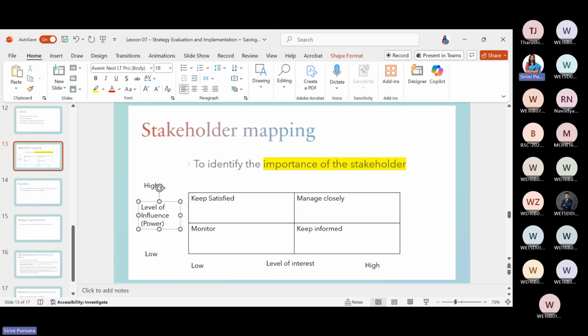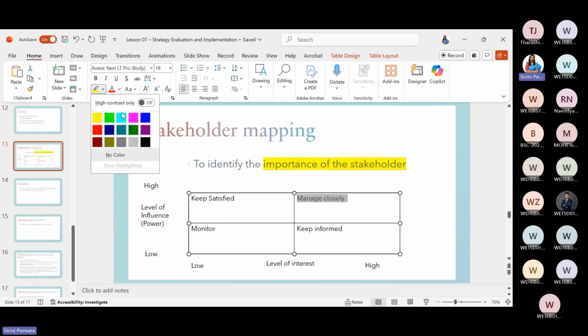So they are the ones that will be most important to the company, because they have high interest toward the company as well as more power. So that kind of people we have to manage closely, right? That is important.